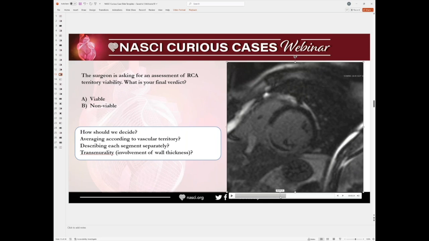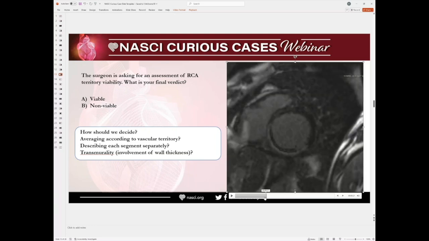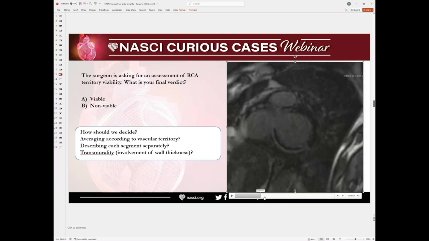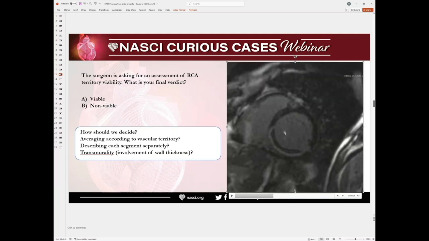They usually don't ask for it in acute settings. I definitely agree. That's why in my report, you cannot really assess it in acute or subacute, because you don't know how much of it will be reversible, as you just said. The reason I concluded it most likely will be non-viable is the degree of MVO.